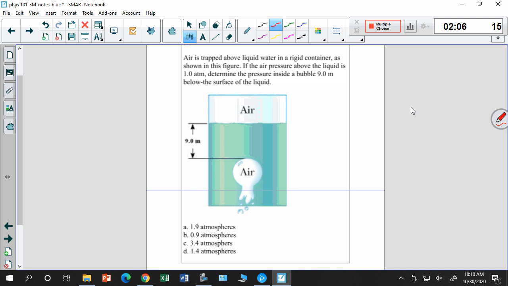Right, I can get rid of 0.9, because I know that I have 1 atmosphere of pressure right here pushing down on the surface of the water. So I know that my pressure here has to be bigger than 1 atmosphere. Okay, let's stop at 235. Just a few more seconds, just guess if you're not sure.